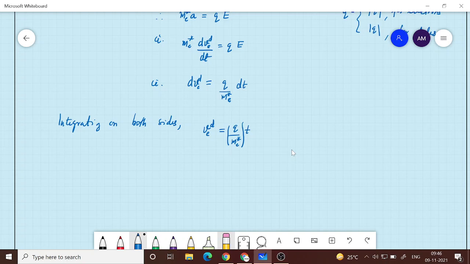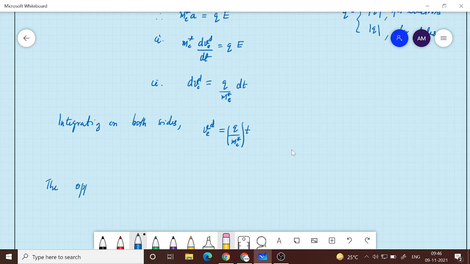Okay, though there is a constant force acting on the electron, which is Q into E, it can't continue to increase its velocity because there is going to be an opposing force. And what is the opposing force here?